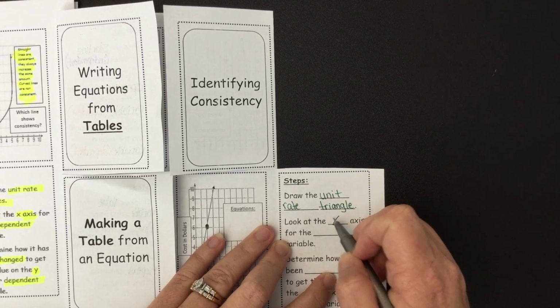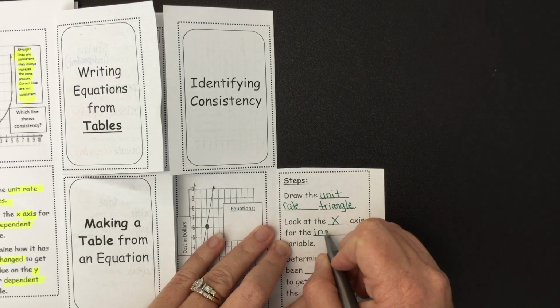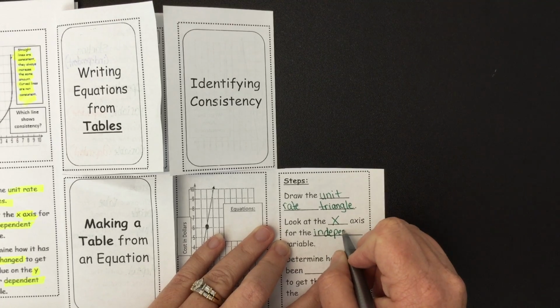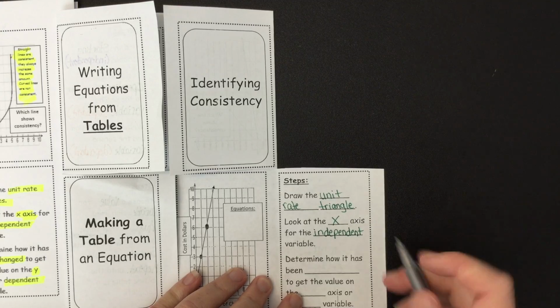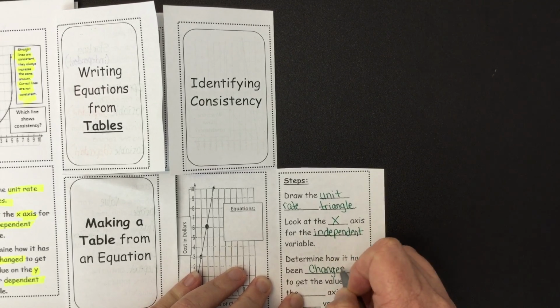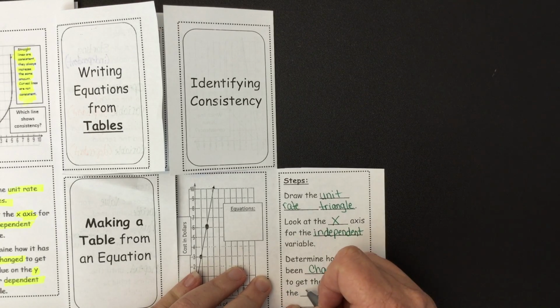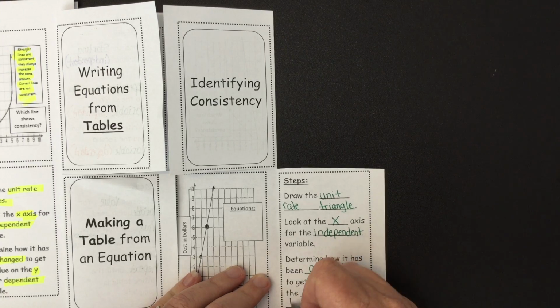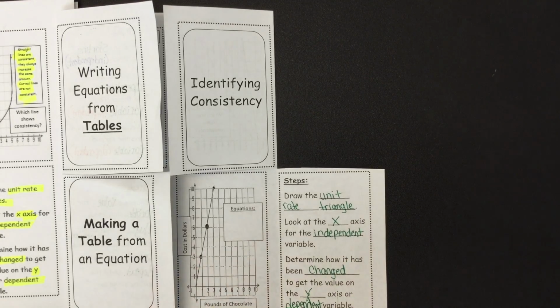Then look at the x-axis for the independent variable, determining how it has changed to get to the value of the y-axis or the dependent. I'll let y'all write that down and then I'll explain it to you.